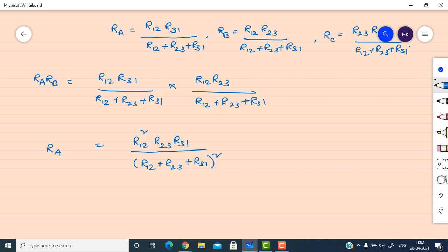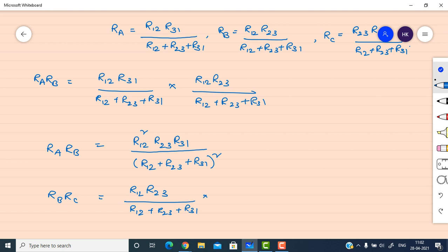So this is RA RB. In the same way, next multiply RB and RC. RB is R12 R23 by the same denominator. You can do it, it is an easy one. Simultaneously you also do it.